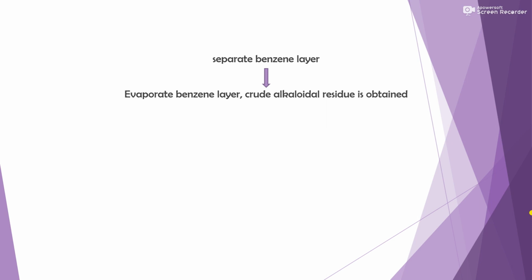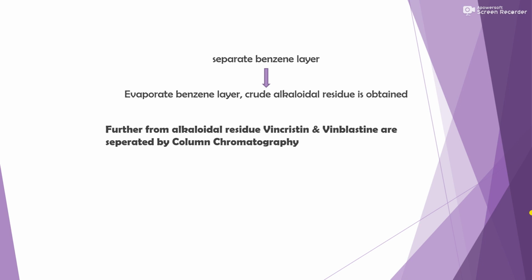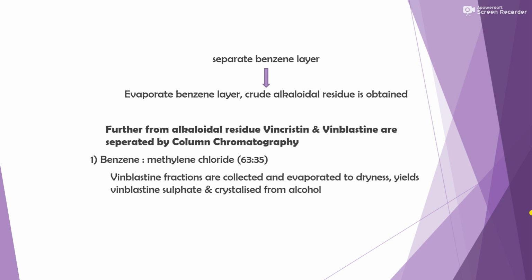So depending upon the pH, the alkaloidal residue is separated. Further, from the alkaloidal residue, vincristine and vinblastine are separated by the column chromatography method. The mobile phase used is benzene and methylene chloride in the ratio 63:35. The vinblastine fractions are collected and evaporated to dryness, yielding vinblastine sulfate, and they are crystallized from alcohol.